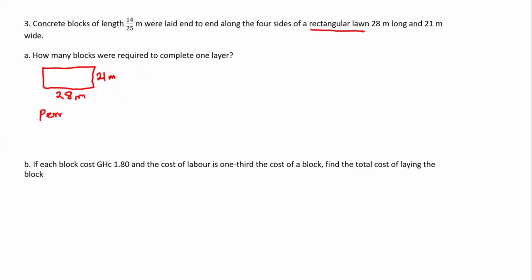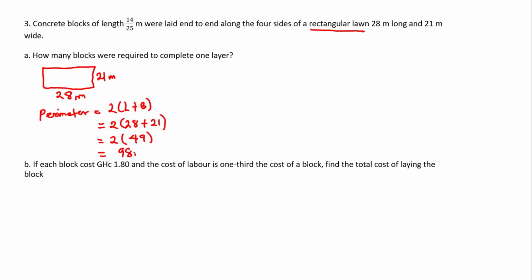What's the perimeter of a rectangle? The perimeter of a rectangle is given as 2 times length plus breadth. Our length is 28, and our width, which is our breadth, is 21. So what do we have? 2 times 28 plus 21, that is 49. Now, 49 times 2 gives us 98.